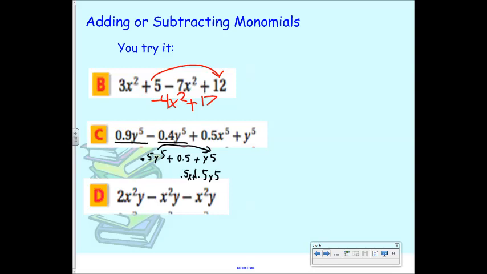A 1. So he did 0.5 plus 1, which gave him 1.5y to the 5th, and then he still had this 0.5x to the 5th left, and so that one just stayed there. There was no like term with the x, so he just left it alone. And he wrote it with the x first, but it doesn't matter. Either one can go in either order because it's plus, and plus means that it's commutative, so the order doesn't matter.